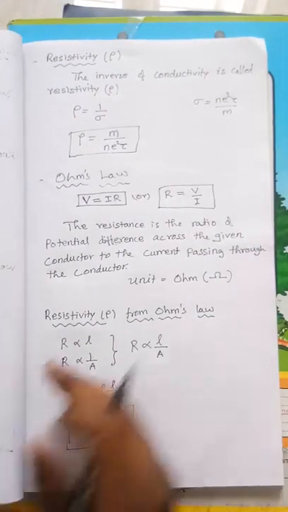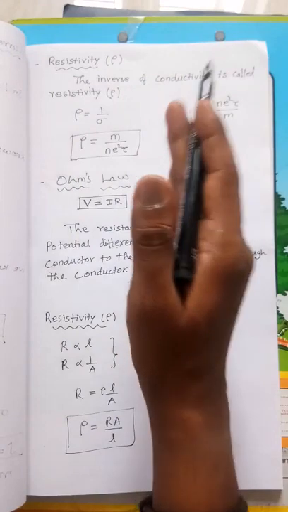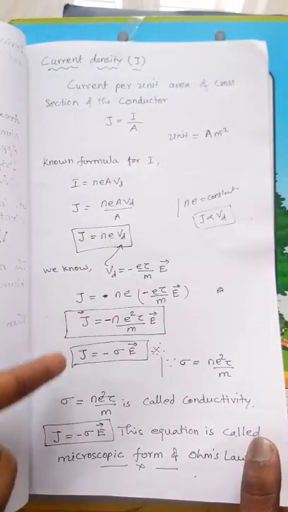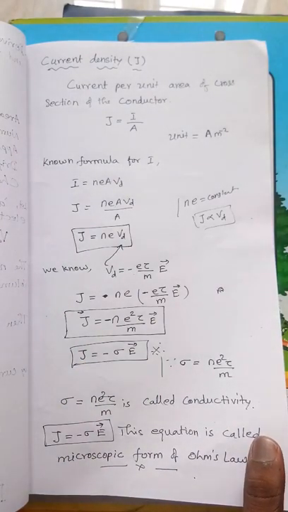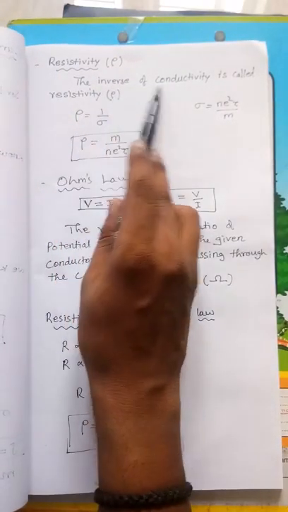Next, resistivity. Resistivity means what? Restrict means to stop. Conductivity means conducting, and resistivity is the opposite word. Resistivity is nothing but the inverse of conductivity.